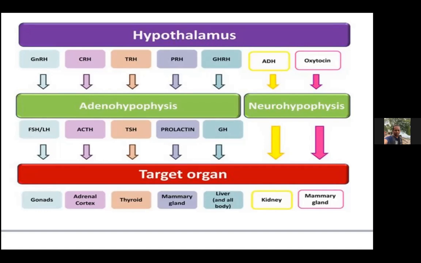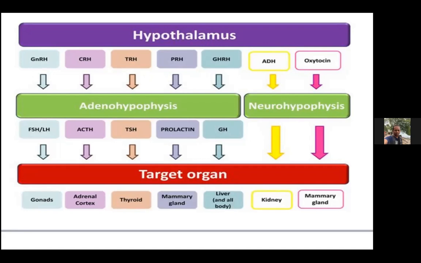Whereas the neurohypophysis, or posterior pituitary, is almost a direct connection between the hypothalamus and the posterior pituitary by neurons rather than through blood vessels. So this is called the neurohypophysis, and the anterior pituitary is the adenohypophysis.